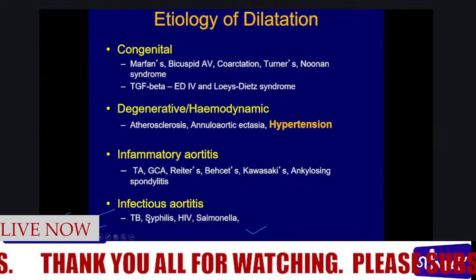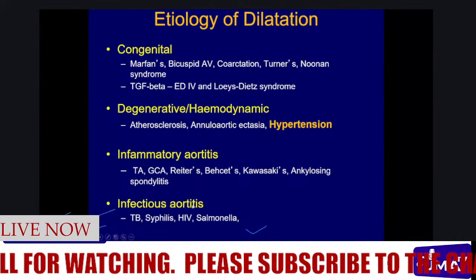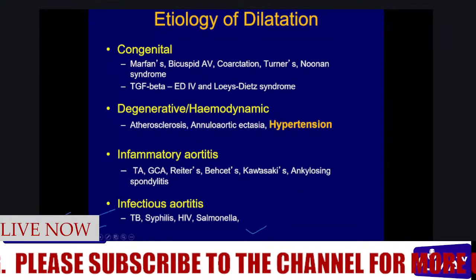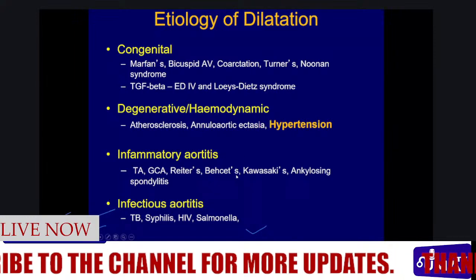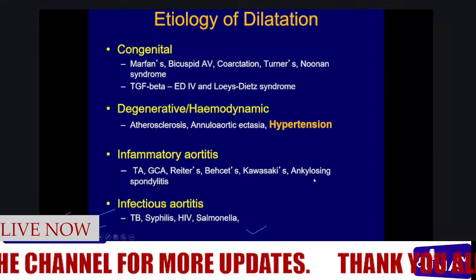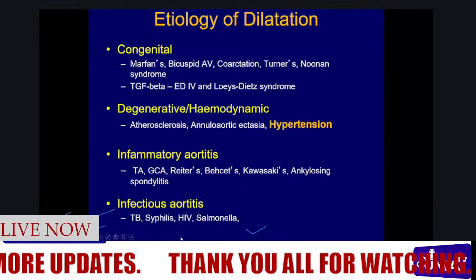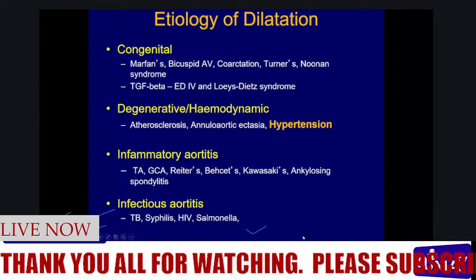It can also be infectious, like TB, syphilis, and HIV. In our setting, mainly we are looking at Marfan's, hypertension, and inflammatory causes. We had a patient two weeks back at our mini round with Takayasu's arteritis, but also infectious causes like HIV, syphilis, or TB.